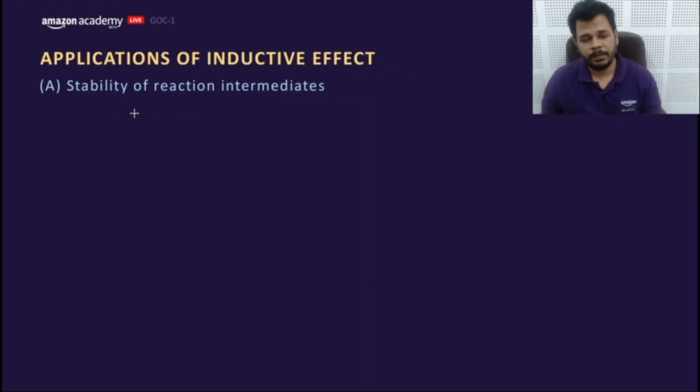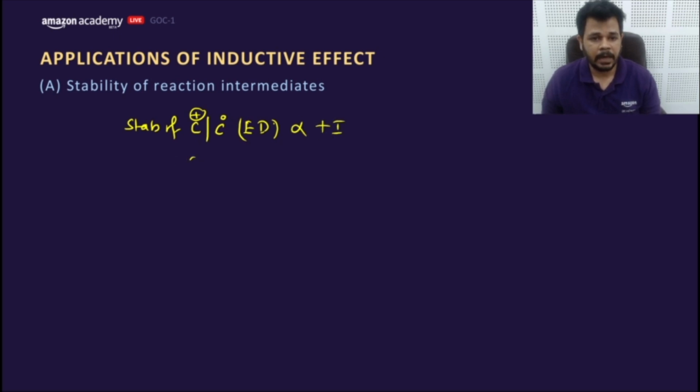Let's move to the next part, stability of reaction intermediates. How to compare the stability of reaction intermediates? Suppose carbocation and carbon free radical: both are electron deficient species. Electron deficient species are directly proportional to plus I, and carbanion is directly proportional to what?